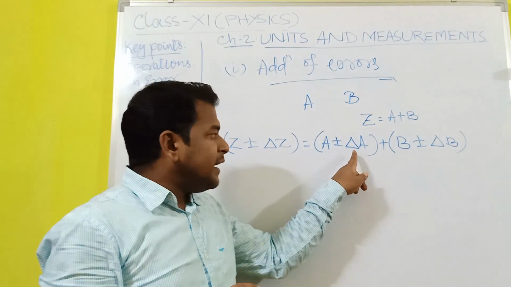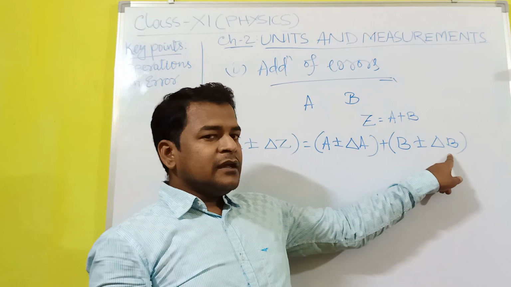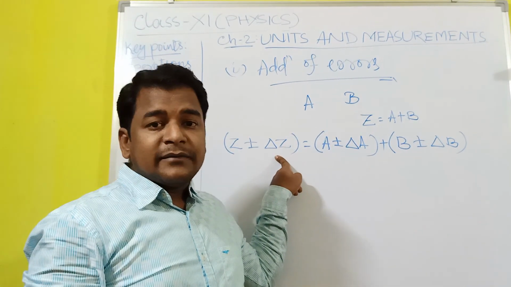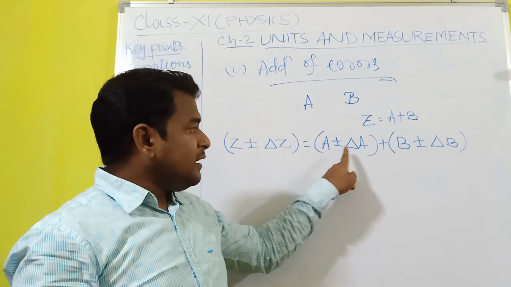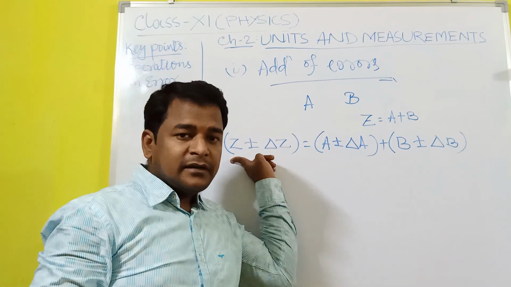Here del A, del B and del Z are the absolute errors of A, B and Z respectively.